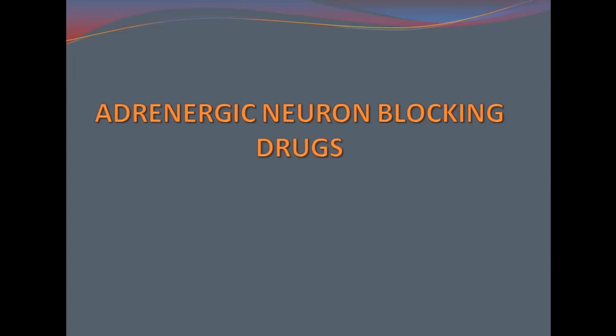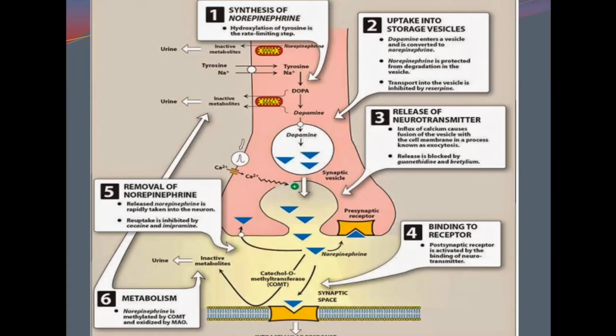Before discussing the adrenergic neuron blocking drugs, we should know that the adrenergic nervous system shows action on the synthesis of norepinephrine, storage, release of norepinephrine, binding of norepinephrine to the receptors, both at the level of presynaptic receptors and postsynaptic receptors, and is also associated with the metabolism and removal of the norepinephrine from the synaptic space.